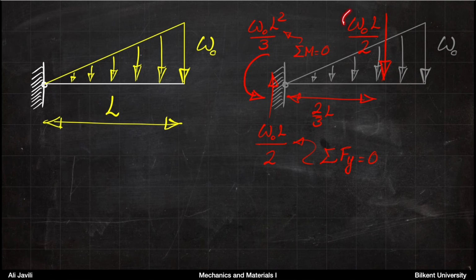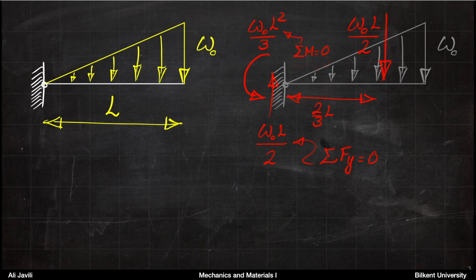Now, once you replace the distributed load by a single force, you can write the equilibrium of forces, and then you would know at the support you get an upward force of W0 L over 2. And also then you write the equilibrium of moments.